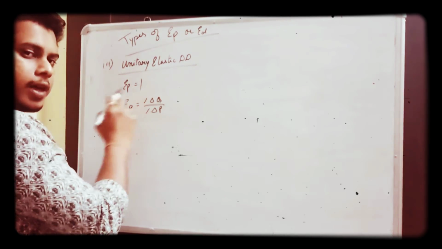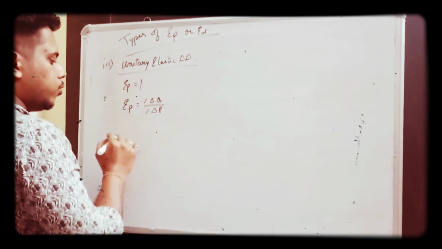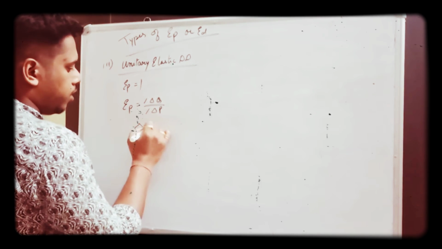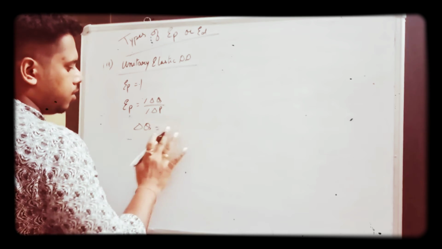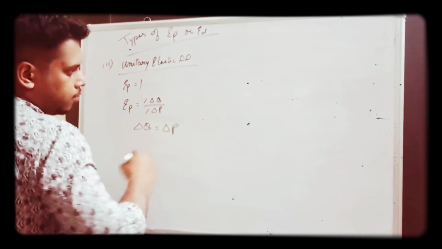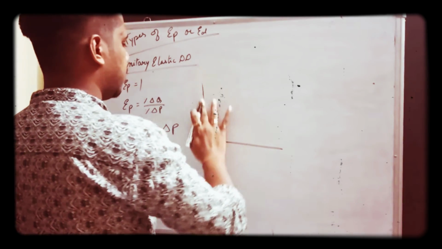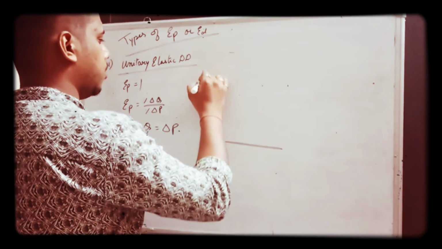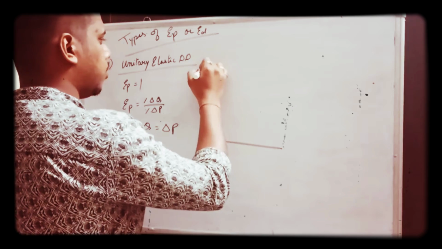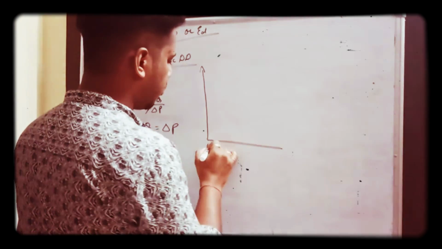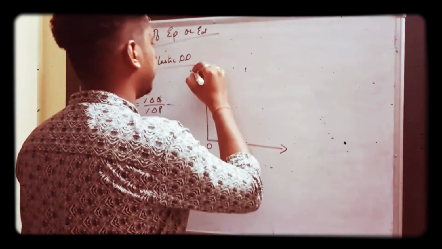Only then we will get the value of this ratio to be equal to 1. That means change in quantity should be equal to change in price. So for drawing this relation, we need to draw the demand curve in the form of a rectangular hyperbola.